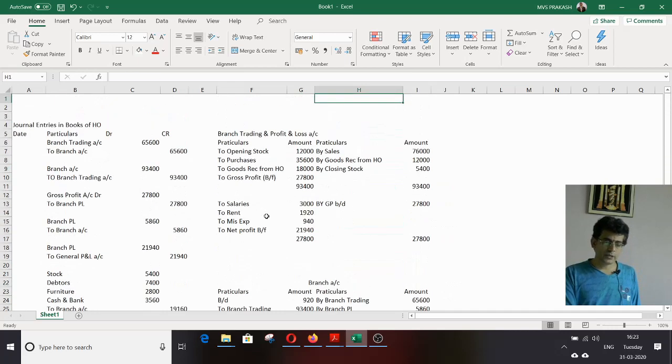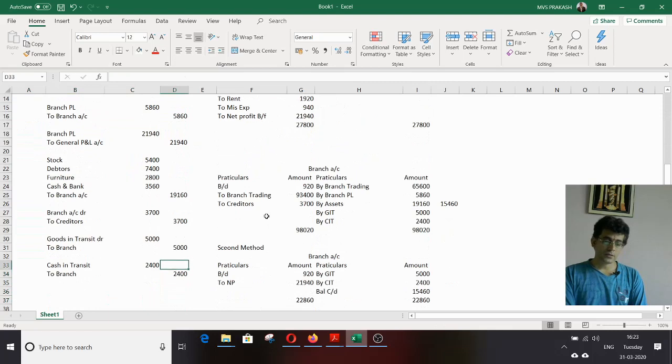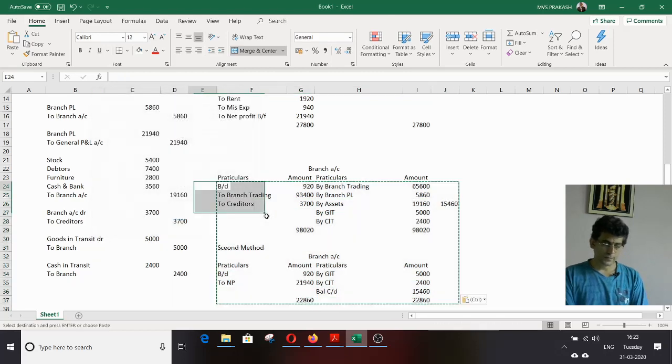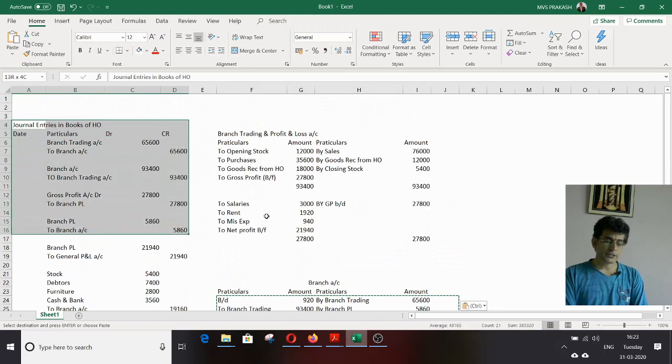Now, let us try to prepare the balance sheet. Let me do it here for you. As there are a few cases which are linked up, one second before doing that. Fine. Now let me prepare the balance sheet here.